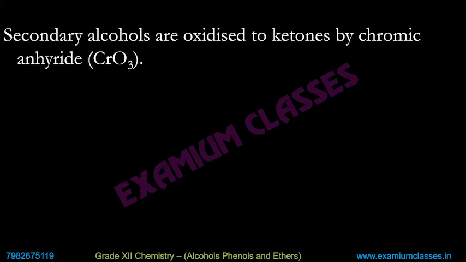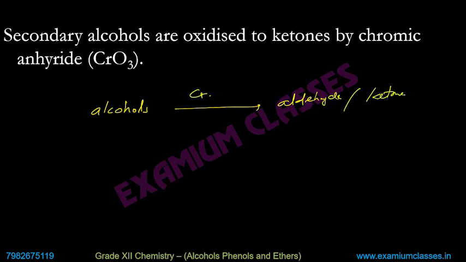Basically, it is same thing. Alcohols to aldehydes or ketones, you can use CrO3. If it is primary alcohol, you will get aldehyde. If it is secondary alcohol, you will get ketone. But if you use acidified potassium chromate, then you will directly get acid. You will not get aldehyde.